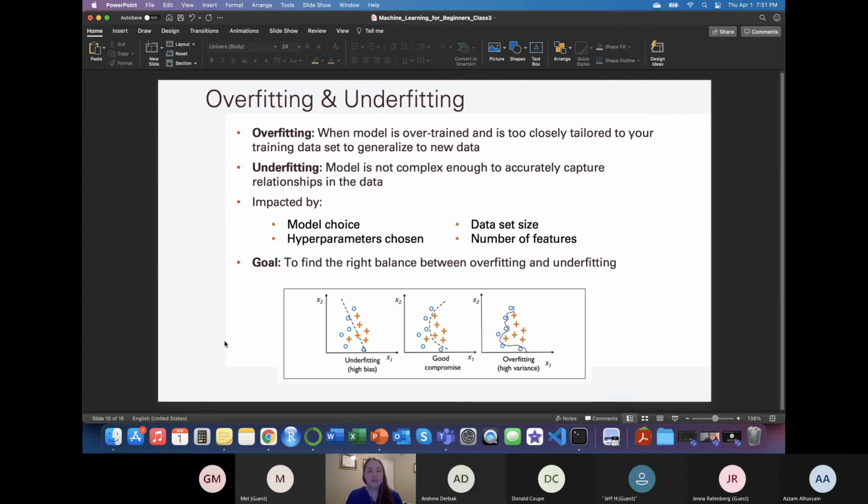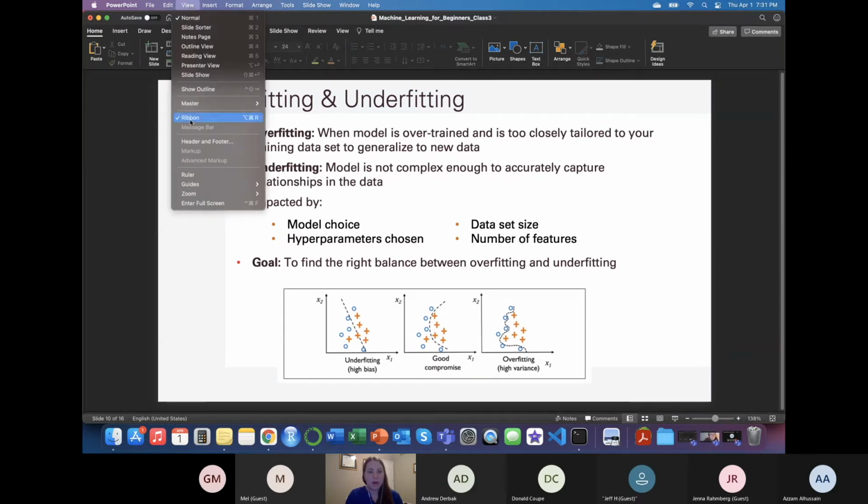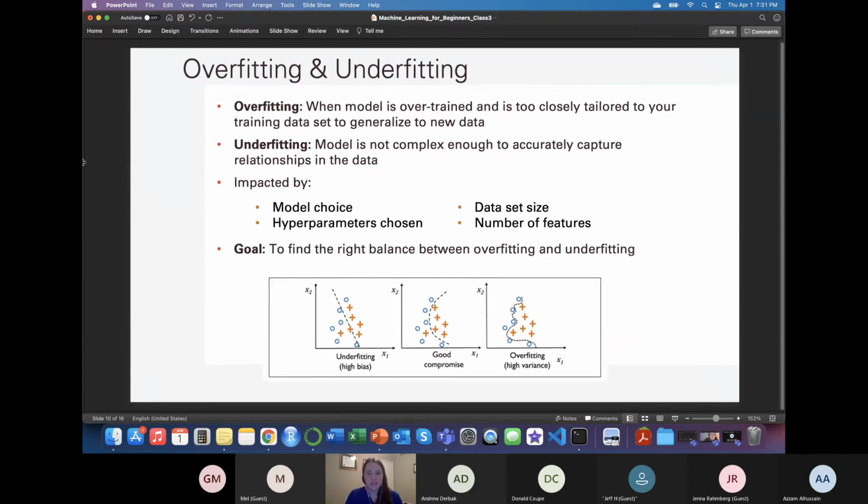Underfitting is when a model is not complex enough to accurately capture the relationships in the data. For instance, the data that we're using for this particular exercise is very messy. Individuals in substance abuse treatment centers are coming in and writing down these patient characteristics, and they're probably not focusing very much on data entry.